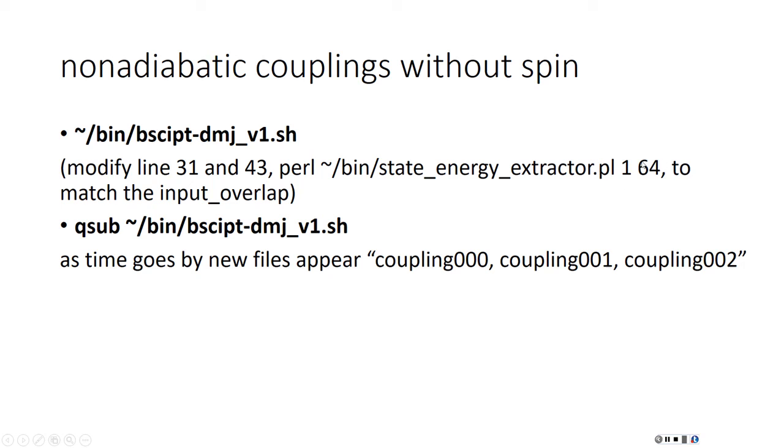We need to change the orbital number, so just make sure this number is consistent with the input overlap. After that, we just run the script using the qsub command. If everything goes well, you can see we have a new file like coupling000.